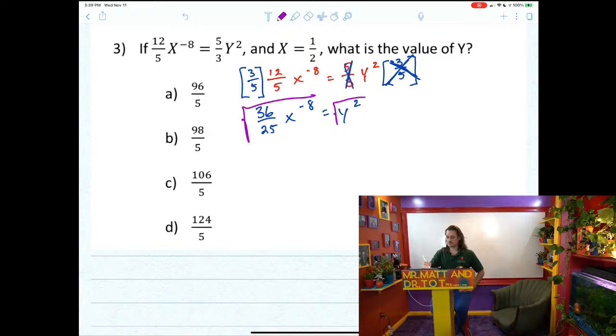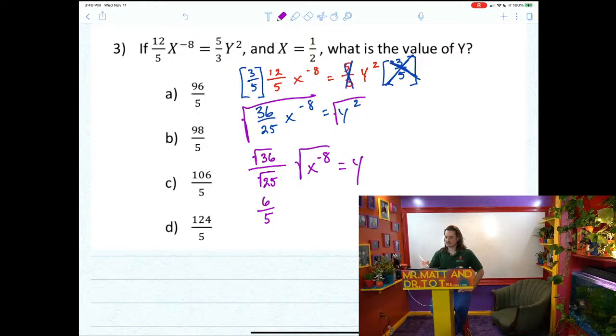So this is going to be the square root of 36 divided by the square root of 25 times the square root of x to the negative 8 is equal to y. The square root of 36 is 6. The square root of 25 is 5.